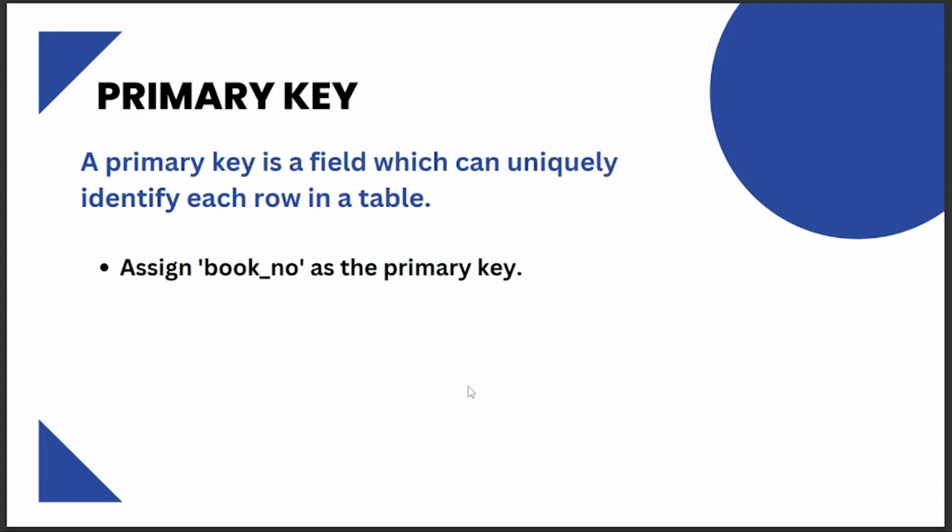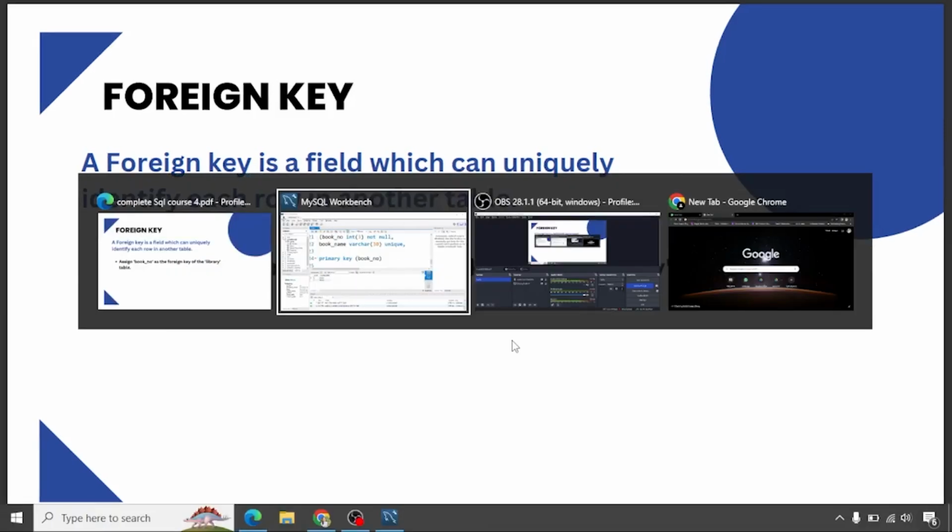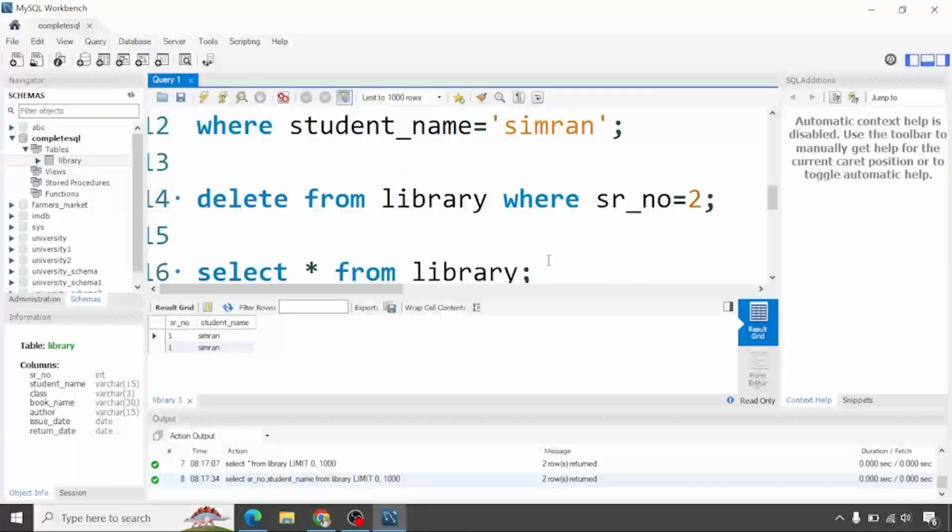Now let's move ahead with the foreign key. A foreign key is a field which can uniquely identify each row in another table. If there are two tables, you can understand it from this example: assign book number as the foreign key of the library table. Now we are going to create this books table.